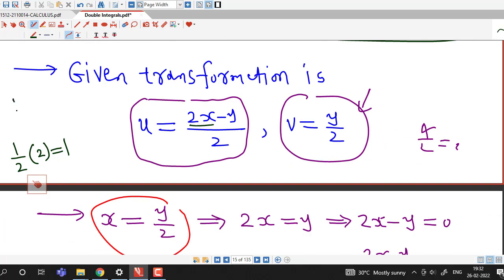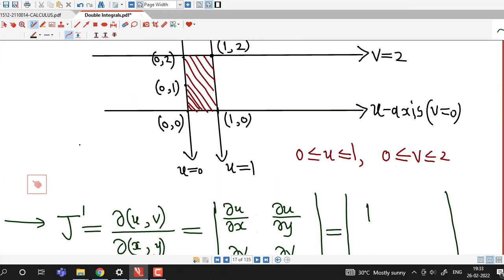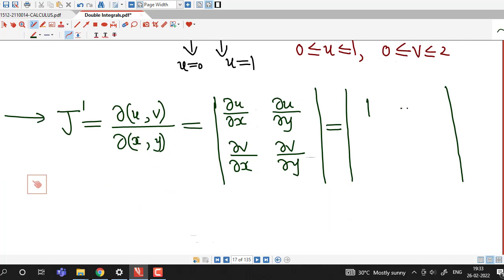So again this 1/2 is constant, derivative of 2x with respect to y is 0 and derivative of minus y with respect to y is minus 1. So we will have minus 1/2. Del u by del y is minus 1/2. And v is given by v equal to y by 2. So del v by del x is 0 and del v by del y is 1 by 2.